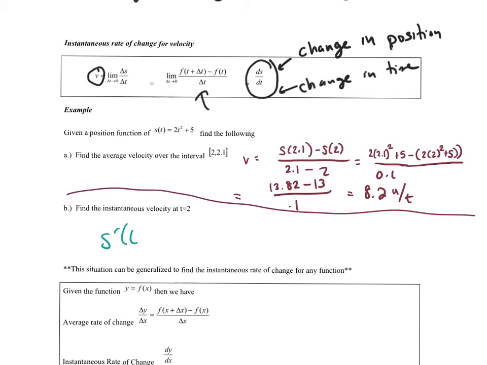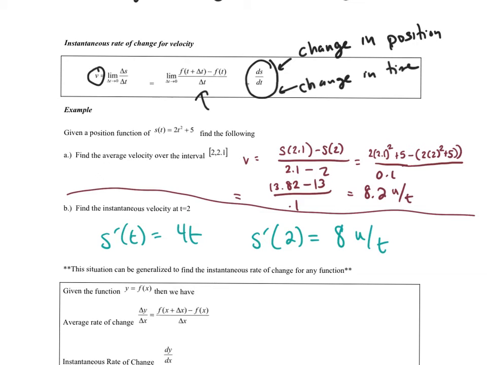So s prime of t is just 4t. That's really easy because it's just a basic derivative using our rules. So the derivative at 2 is going to be 8, so 8 units per unit time. So in 2 to 2.1, which is a pretty small interval, we get 8.2, but the instantaneous velocity, what you see, is actually 8 units per unit time.